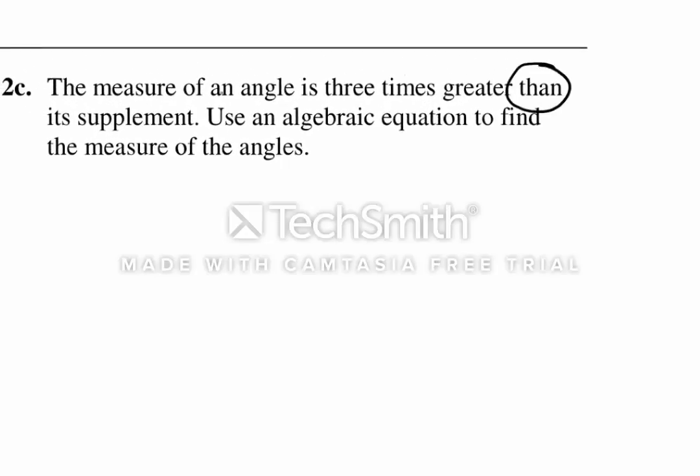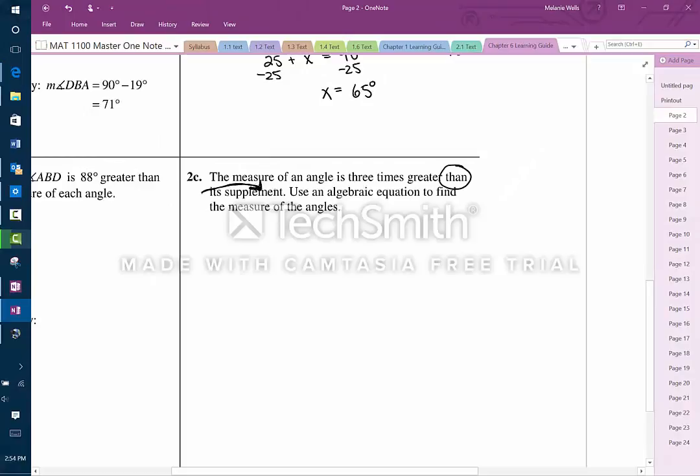Okay, 2c, the measure of an angle is 3 times greater than its supplement. Use an algebraic equation to find the measure of the angles. So what we're going to do is find a variable. So this says the measure is 3 times greater than its supplement. When you see a comparison word like that, then its supplement, whatever comes next, that's what we're going to begin letting our variable represent. So we're going to let x represent the supplemental angle.